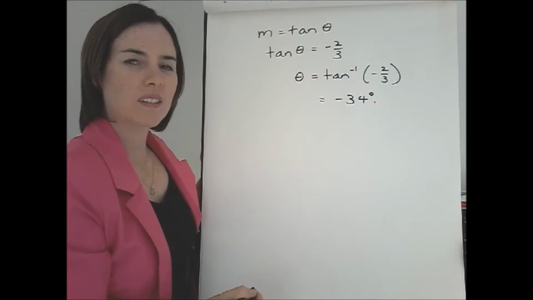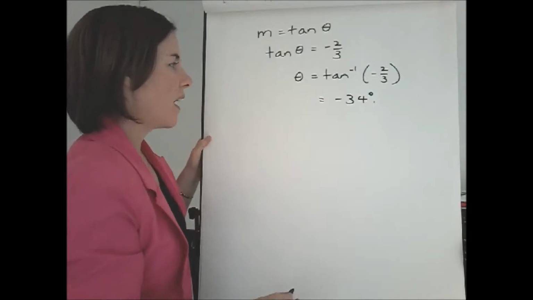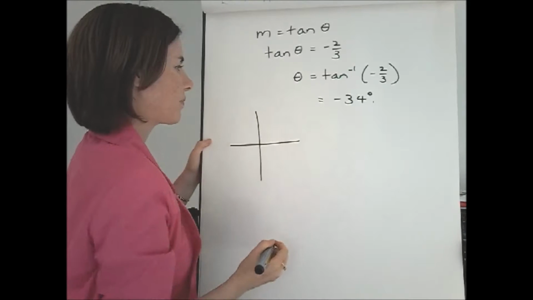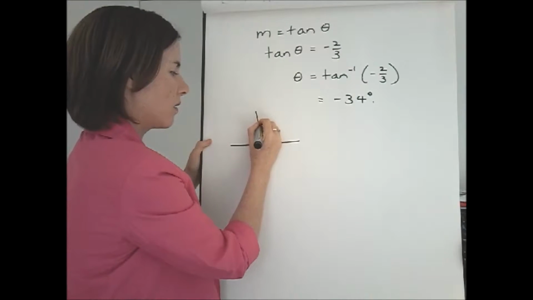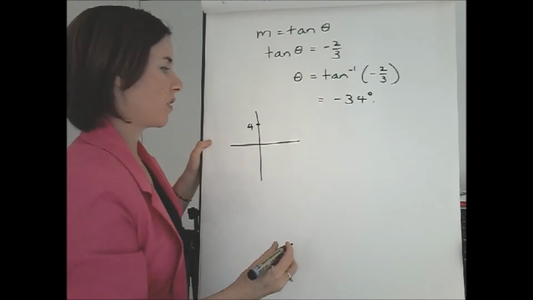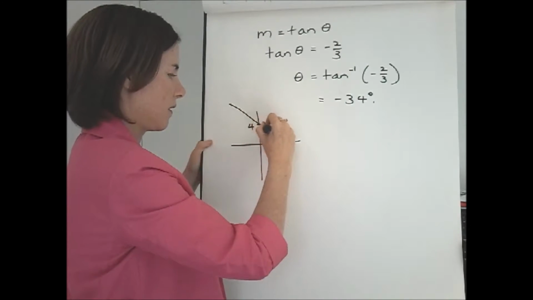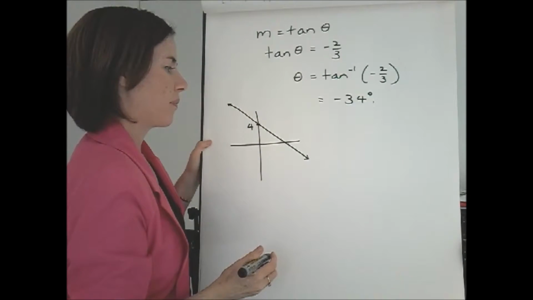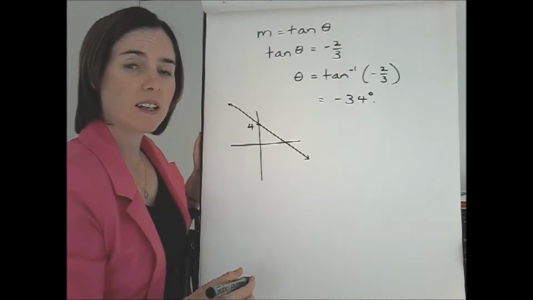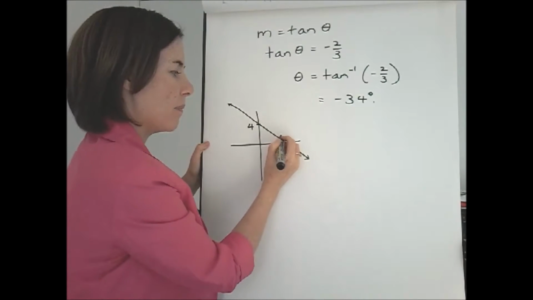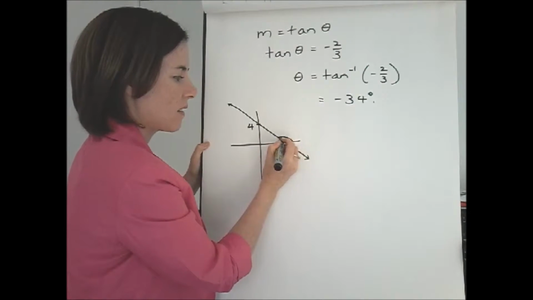Now negative 34 degrees doesn't sound that helpful. And if we have a look at what the line looks like, it was 4, so y-intercept of 4, take 2x over 3, so a negative gradient. Now the wording of the question said, find the angle between the line and the positive direction of the x-axis.